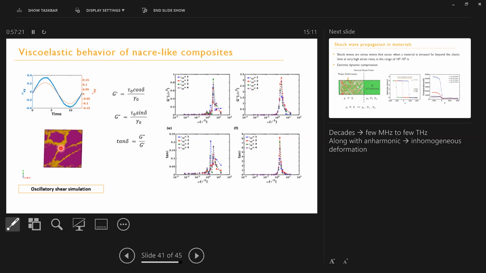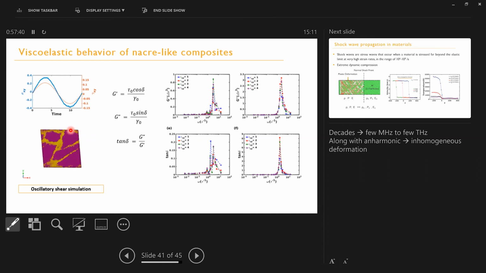In this particular case, we are applying force onto the uppermost layer. We are just shearing the top surface in an oscillatory manner. That is the way we apply an oscillatory load. Because this is cyclic loading, right?